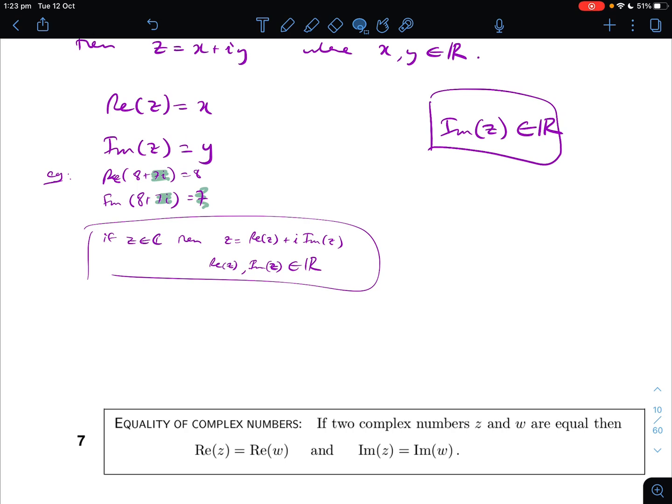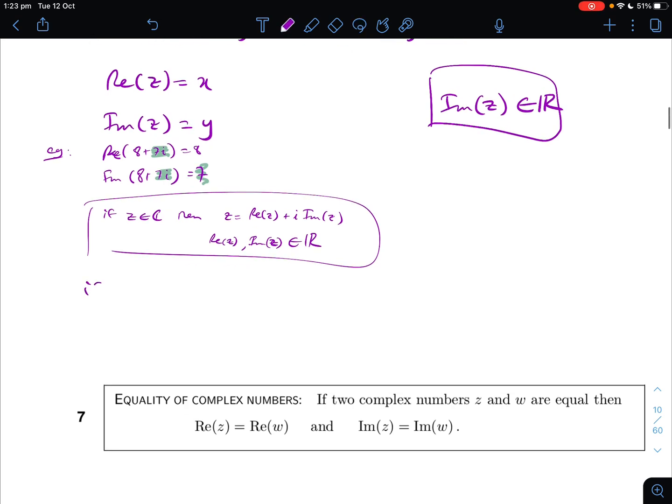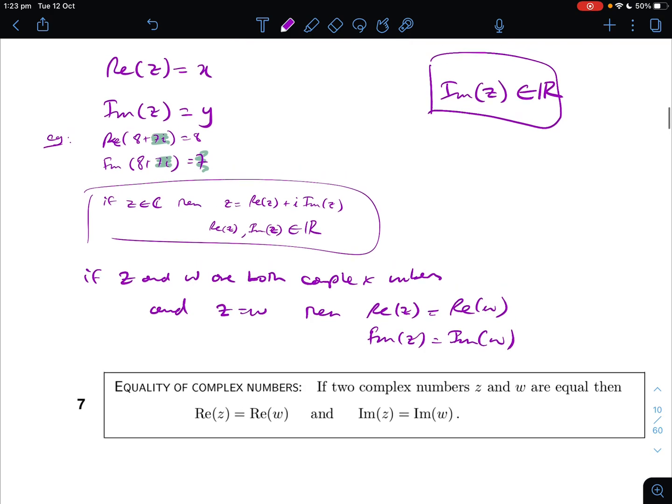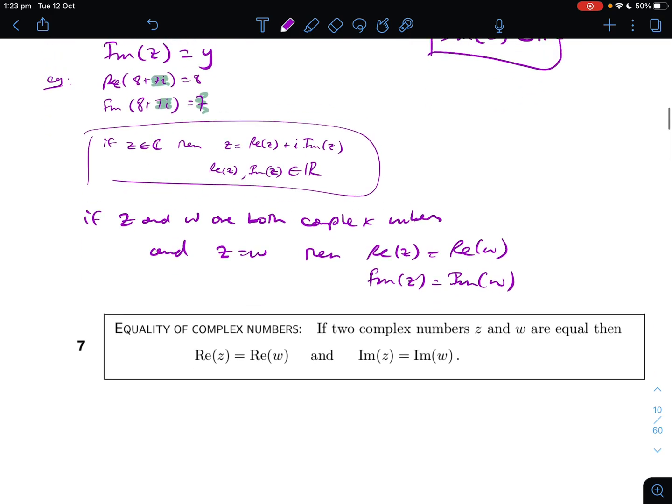But there's another idea here that's important. If z and w are both complex numbers, and z equals w, then the real part of z equals the real part of w, and the imaginary part of z equals the imaginary part of w. Now that seems odd to say.